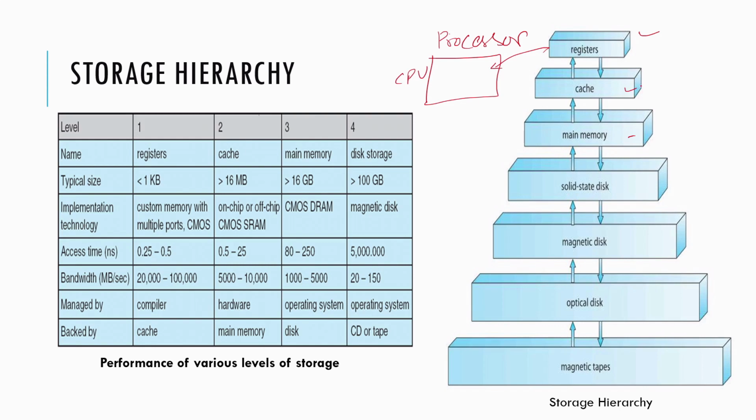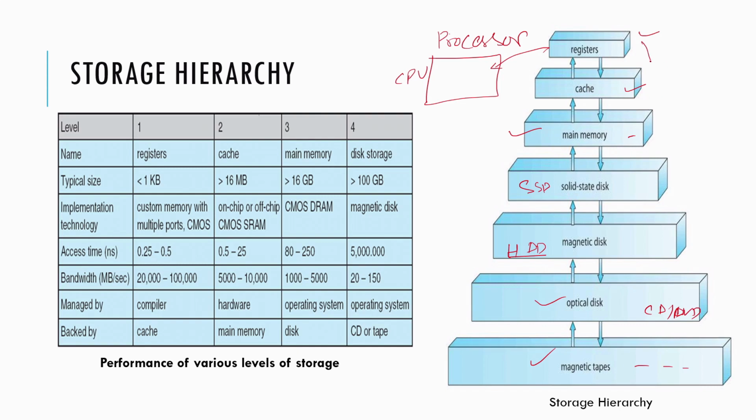Then comes the cache memory, which resides between the registers and the main memory. Then comes the main memory. Next we have the SSD, magnetic tapes, and magnetic disk that we call the hard disk. We have the optical disk, where the CD and DVD come, and cassettes as well. So this is the hierarchy that we have.